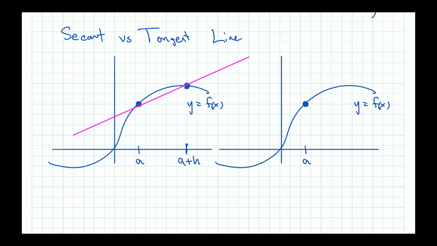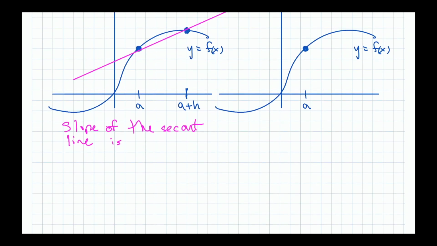And so we know that the slope of the secant line is m secant, and it was y2 minus y1 over x2 minus x1, but with the points labeled the way they are, that works out to this formula. But anyway, the point is that it's the slope between 2 points on the graph.